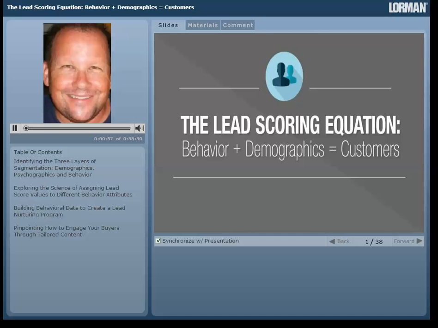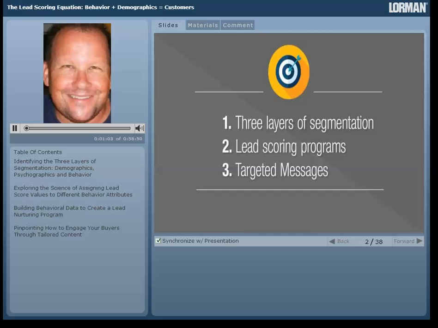Let's rock it. Okay, on that, we'll jump right in. During our discussion, Linda and I will take turns covering the topics in the presentation. I'll give a little bit of background on demographics and highlight the layers of segmentation. Then I'll hand it off to Linda, who will do a deeper dive into the 3 layers of segmentation and then lead scoring programs.